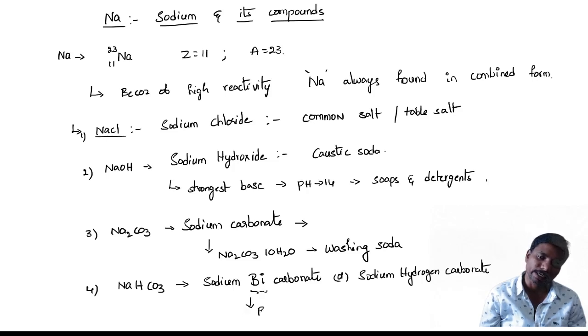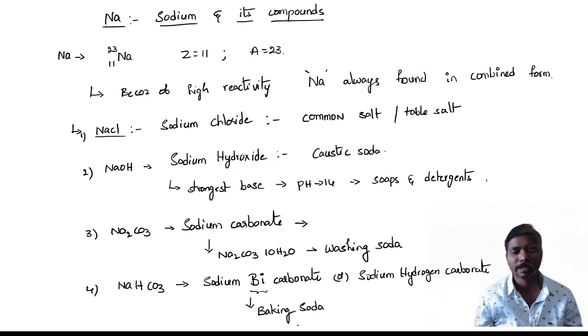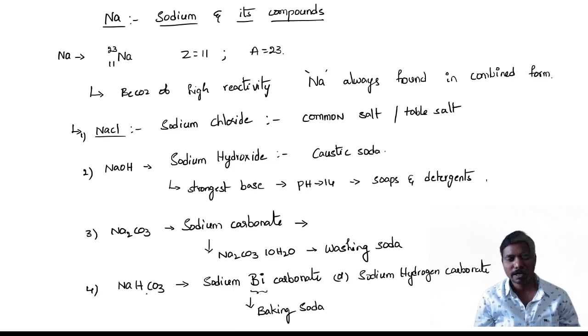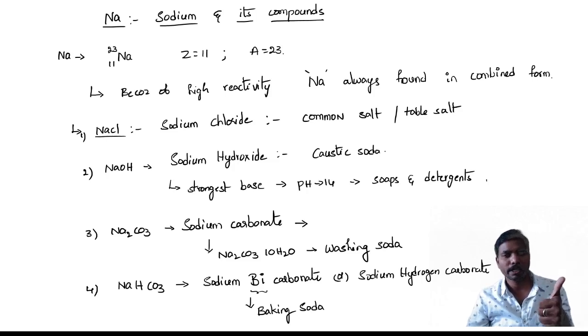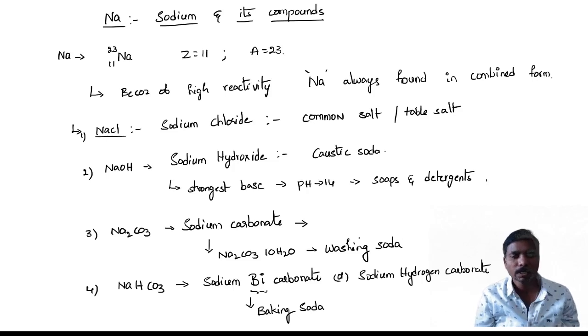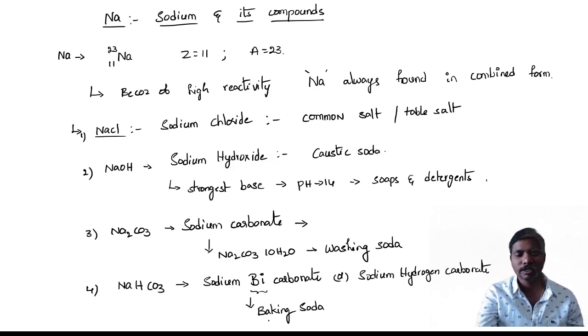B for baking soda. Sodium bicarbonate is nothing but baking soda. They will ask a question like baking soda chemical formula: NaHCO3. So NaCl is sodium chloride, NaOH is sodium hydroxide or caustic soda, Na2CO3 10H2O is washing soda, NaHCO3 is sodium bicarbonate, B for baking soda, used for cooking purposes.